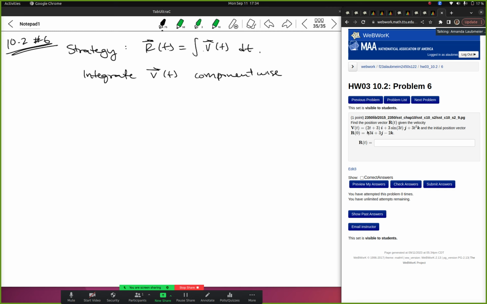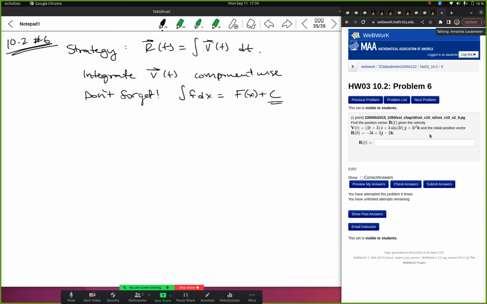You're just going to do it component-wise, do the i hat, j hat, and k hat separately. And then don't forget that whenever you integrate things, you're supposed to add on an unknown constant.